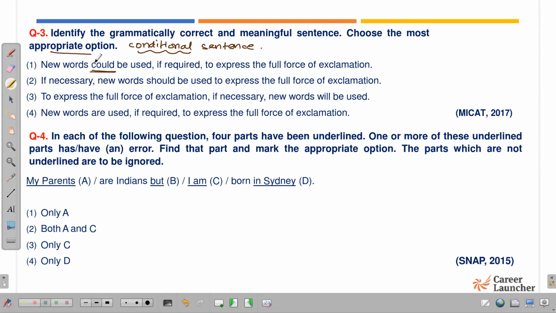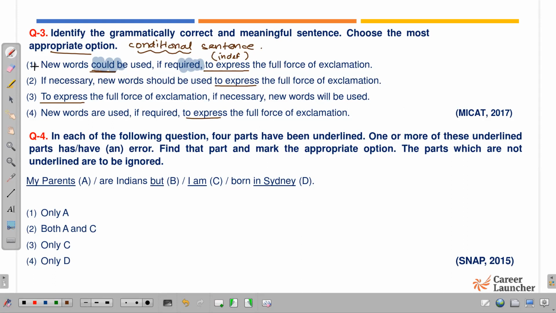So new words could be used if required to express the full force. So he's using to express, because so many verbs are there. Okay, indefinite, to express. So this is the indefinite, not going to be affected by any tense, any number, any person. So I have to just arrange could and required.